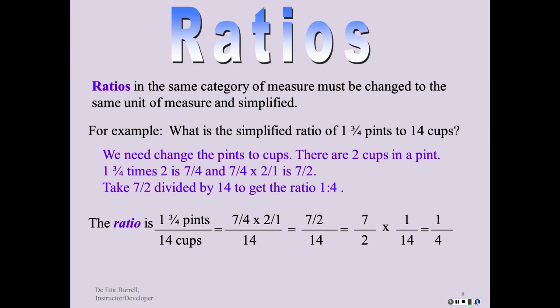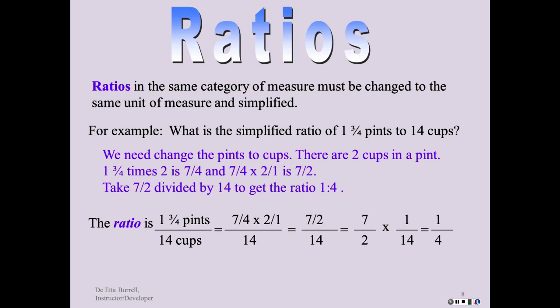They're all capacity, liquid volume. If I talk about measurements for length, the same category of measure will be miles, yards, feet, inches, acres. Those are all in the same category of measure.